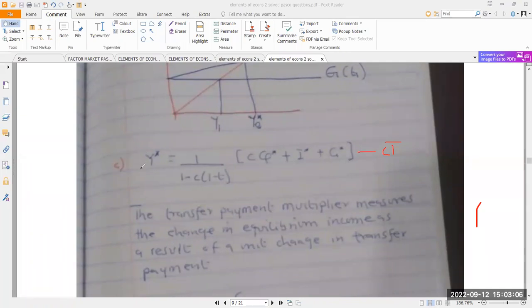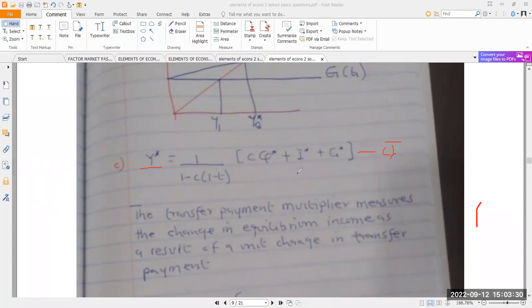That one, you differentiate this Y with respect to this T, you get minus C over (1 minus C)(1 minus T). It's just the opposite of the transfer payment. The transfer payment is C over (1 minus C)(1 minus T), but then the tax one is minus C over (1 minus C)(1 minus T).